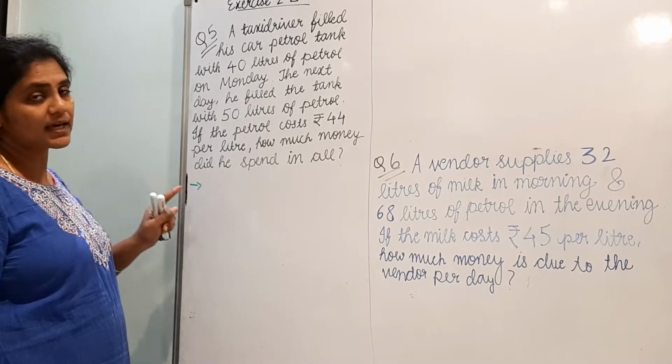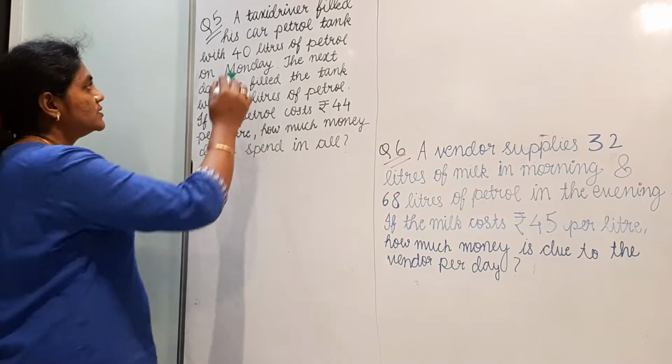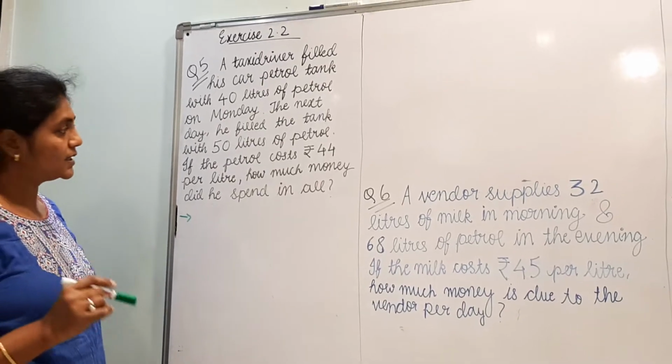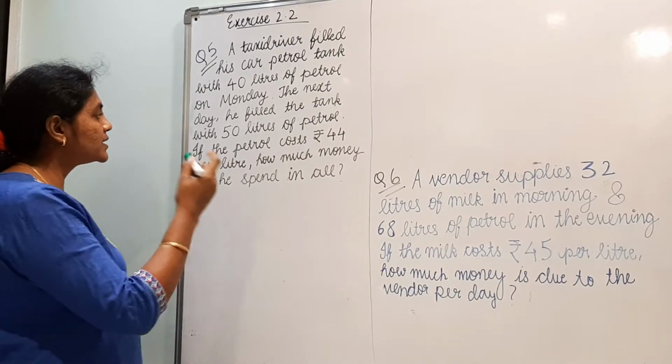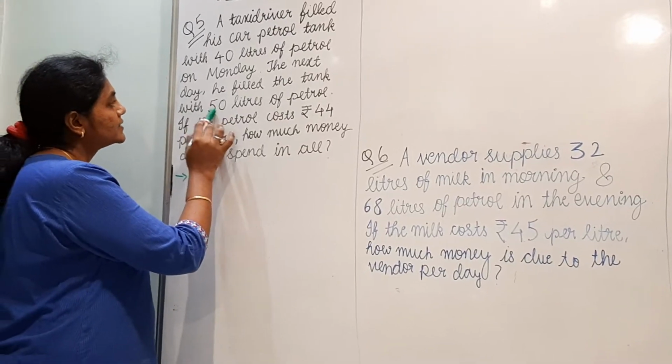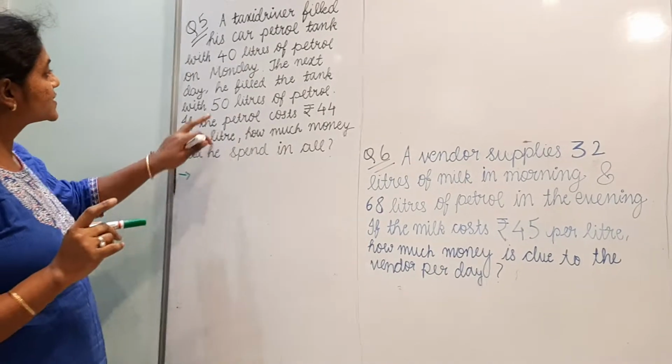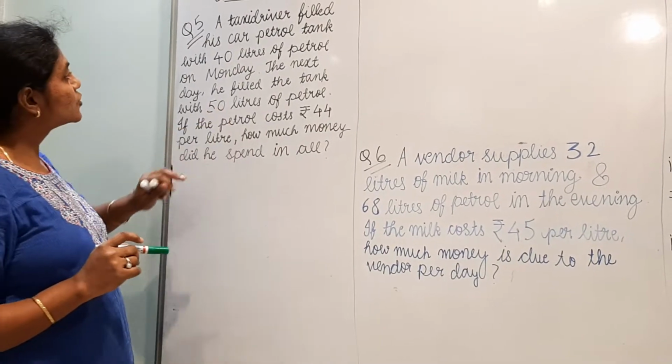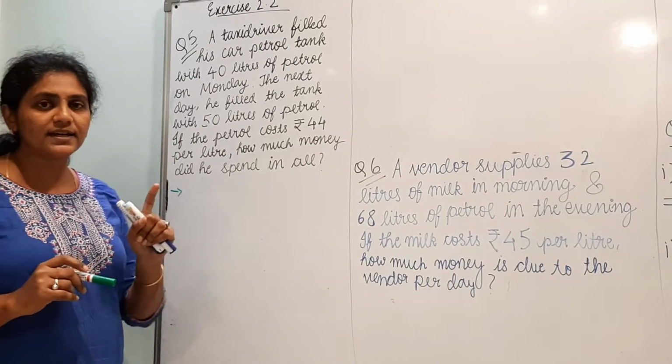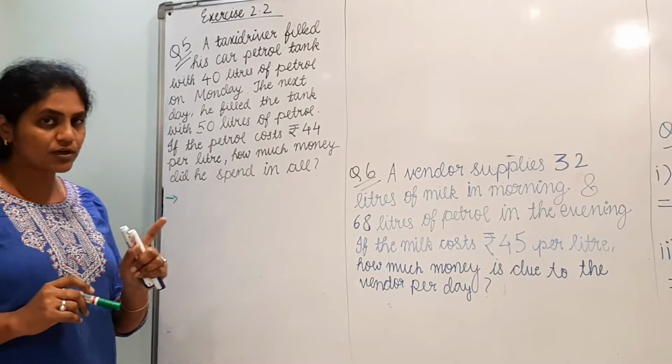On the first day, how much did he pour? 40. Second day, how much did he fill the tank? This is 50 liters.